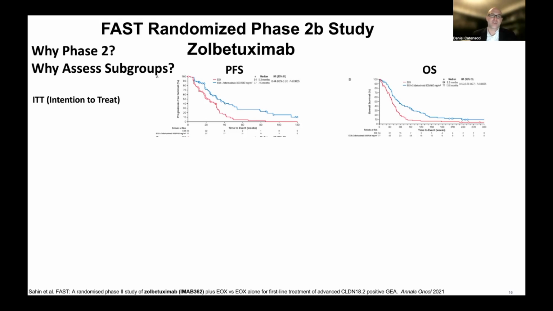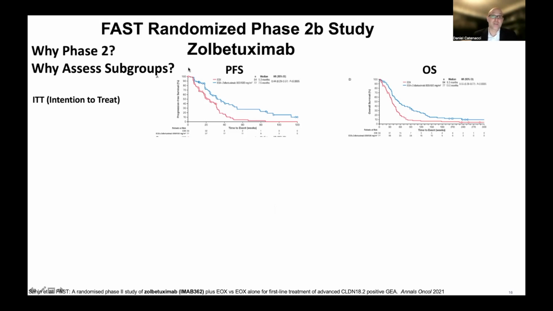And in that study, which again was recently published but conducted years ago, in the intention to treat group, all patients enrolled, which was defined as patients who had claudin expression of at least 2+ intensity on a scale from 0 to 3, and in at least 40% of the tumor cells in the sample.